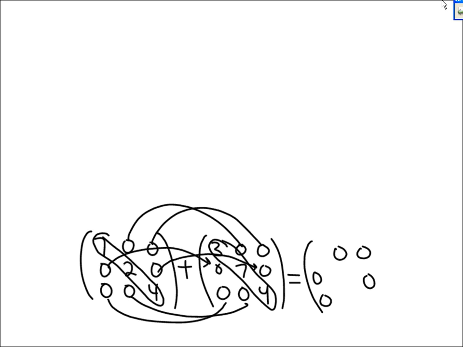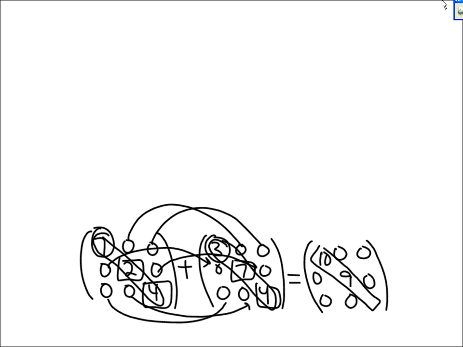You add these two, you get 0. All that is left over are the diagonal entries. And I don't care what they are. It's a diagonal matrix if what's off the diagonal is 0. It turns out that 7 plus 3 is 10, and that 2 plus 7 is 9, and 4 plus 4 is 8.